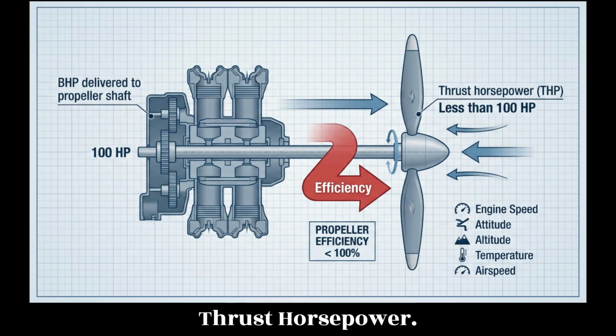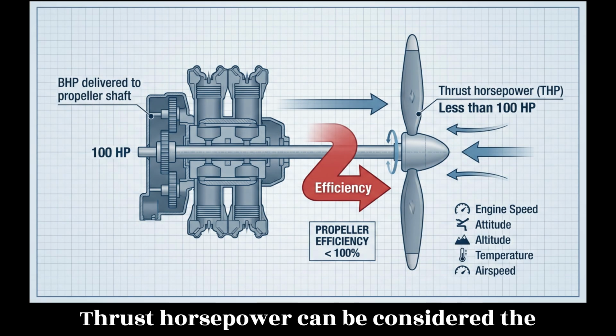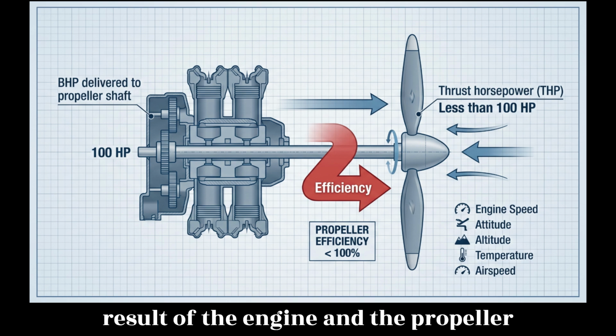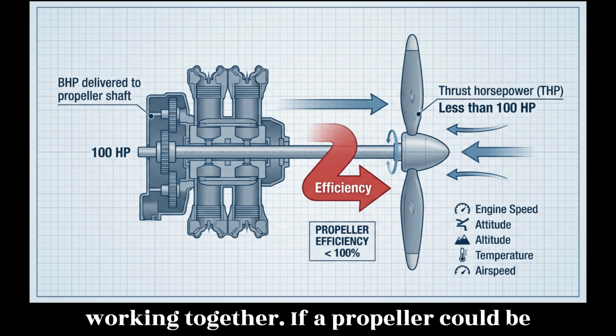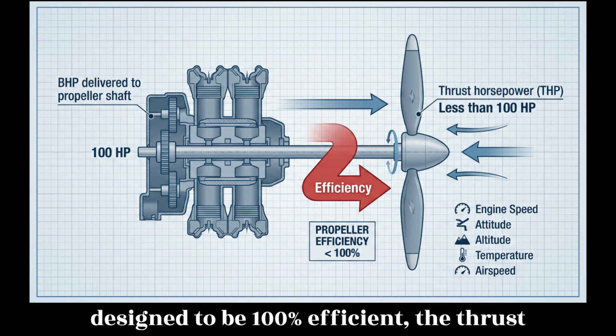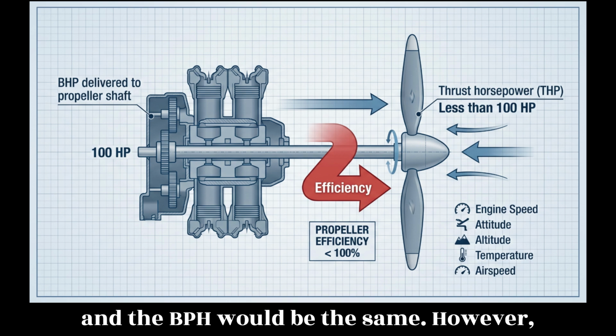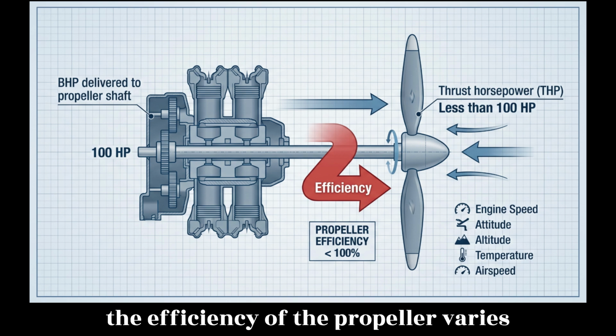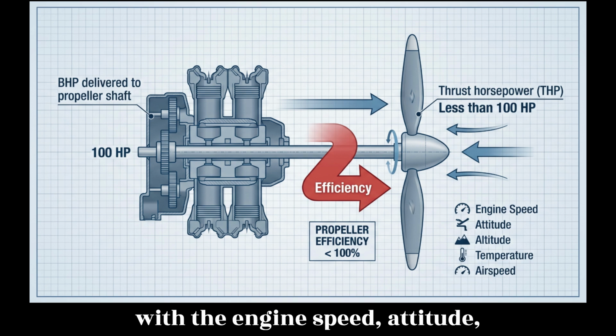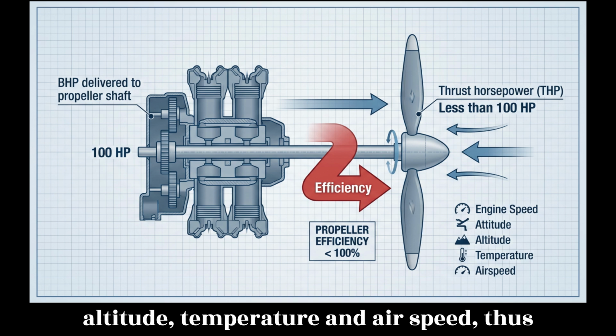Thrust horsepower. Thrust horsepower can be considered the result of the engine and the propeller working together. If a propeller could be designed to be 100% efficient, the thrust and the BHP would be the same. However, the efficiency of the propeller varies with the engine speed, attitude, altitude, temperature, and airspeed.